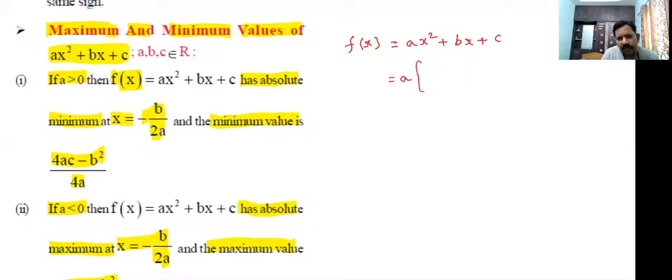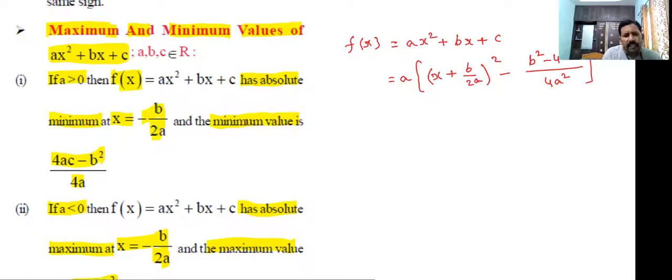Finally, you will get x plus b by 2a whole square minus b square minus 4ac divided by 4a square. By observing this, we will say, okay, now f of x, take it as y. So this represents a parabola.